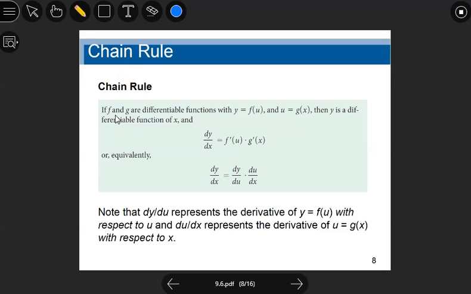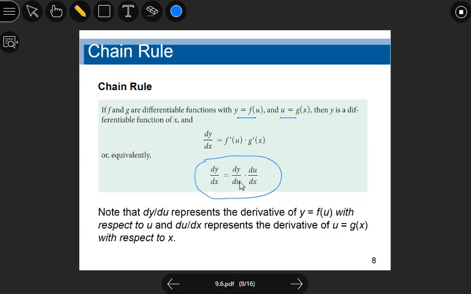If f and g are differentiable functions with y a function of u, and u a function of x, then y is a differentiable function of x, and we can find the derivative of y with respect to x by writing this one. This is the most important one. So dy/dx is equal to dy/du times du/dx.